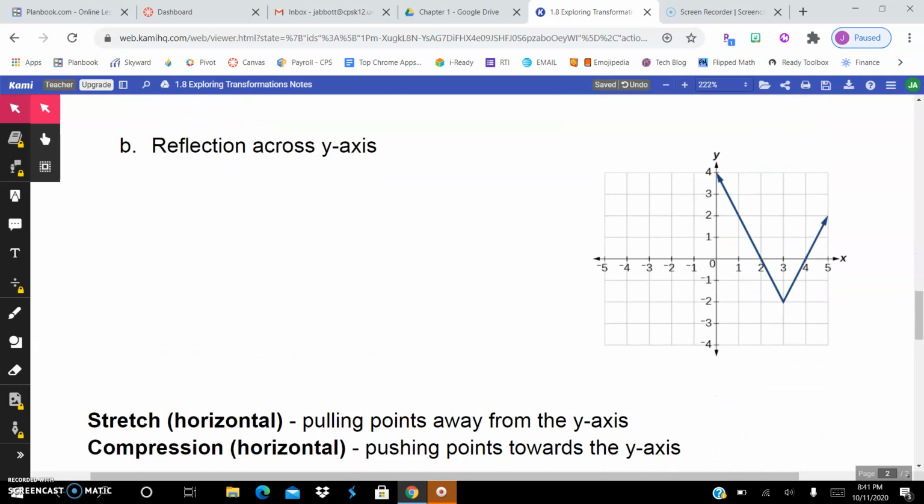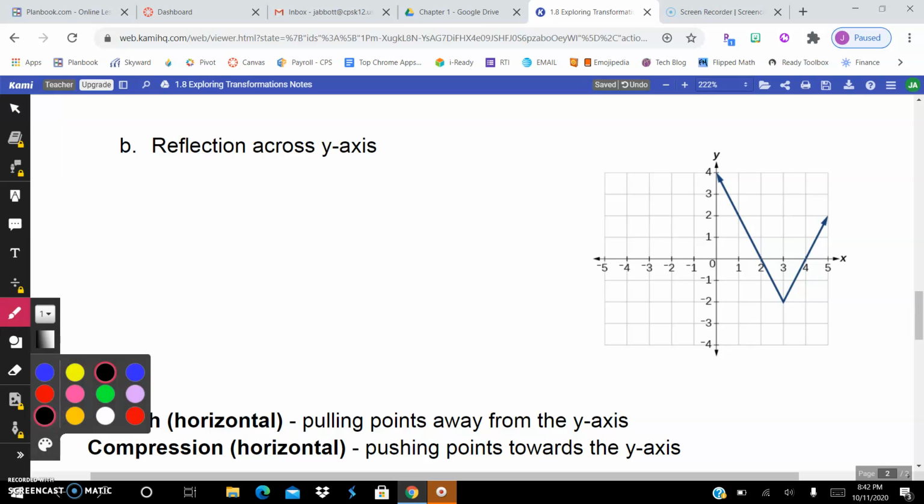All right, for this one, again, we have to use a table, and then we have to reflect it across the y-axis. So if I write a t-chart, we're going to have to pick some points off that graph. It looks like over 0, up 4, over 1, up 2, 2, 0, 3, negative 2, and we'll do 4, 0.